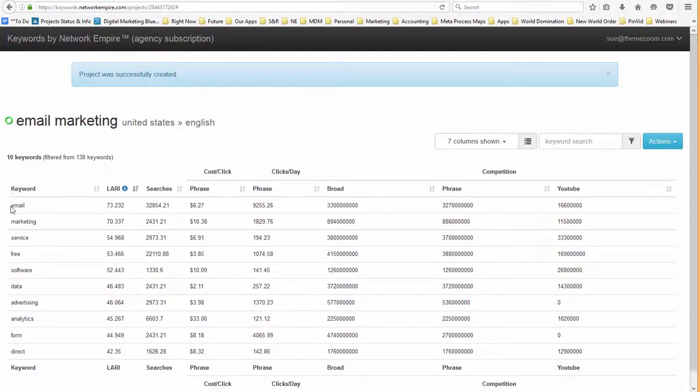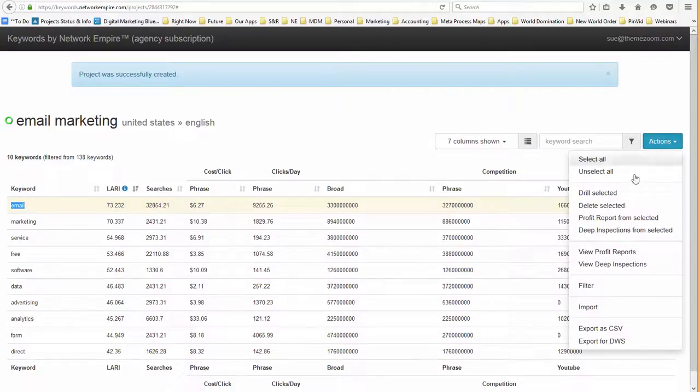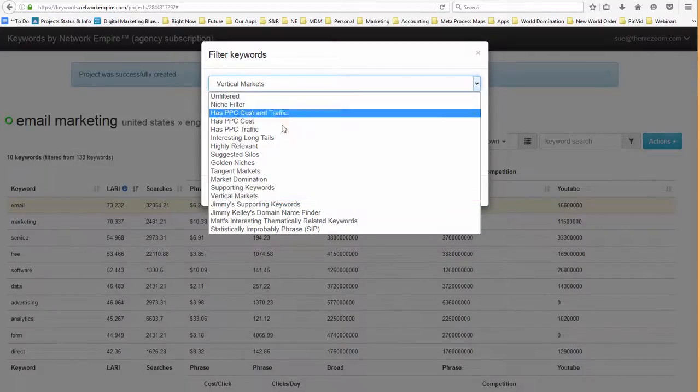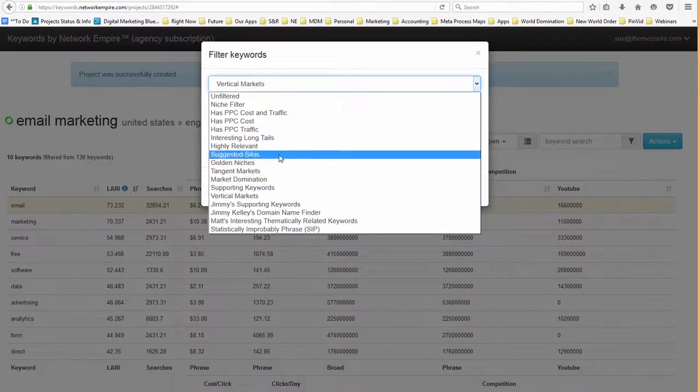What I might want to do at this point is drill into this idea of email as a theme, just to see what kind of market segments come out of that. Market segments are going to be this filter over here that we looked at just a minute ago.